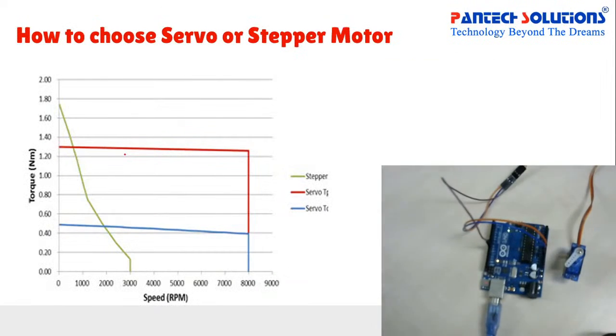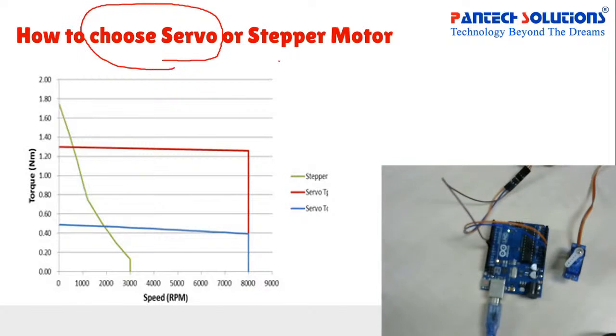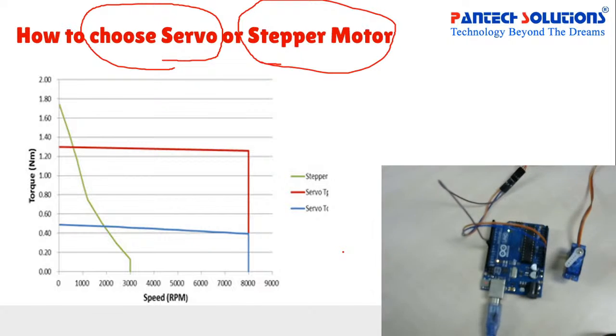Let us take the DC motor, DC servo motor, and DC stepper motor. How can we choose the motors for our application? The DC motor also we can choose in this manner. Wherever you need low speed with high torque, the stepper motor comparatively has the maximum torque.